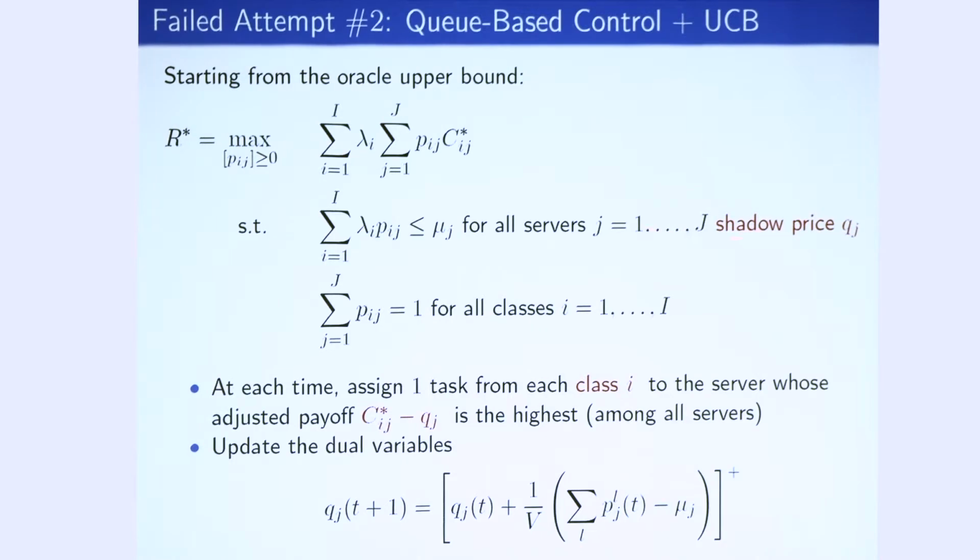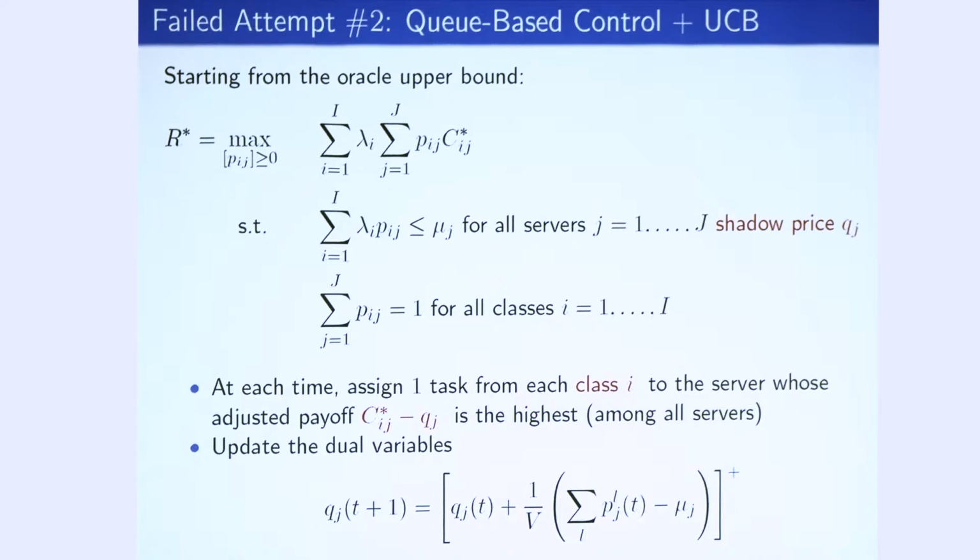Now, since you have a shadow price, the net payoff that you use for the assignment is equal to the true payoff, subtract this shadow price for the congestion. Then for each class, the decision is very simple. You just pick the server with the largest adjusted payoff. And then how to update this shadow price?